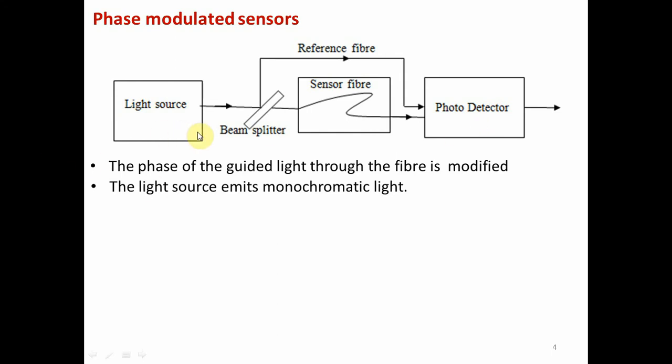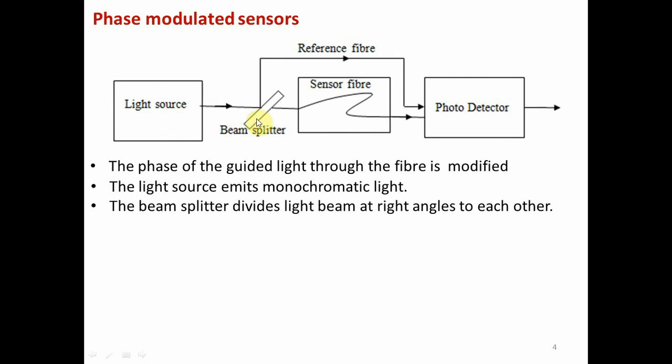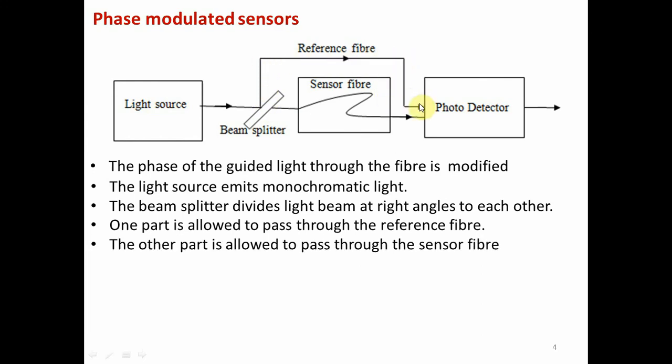Here the light source emits monochromatic light, which is incident on the beam splitter. The beam splitter divides the light beam at right angles to each other. One part of this beam is allowed to pass through the reference fiber. The other part from the beam splitter is allowed to pass through the sensor fiber element.